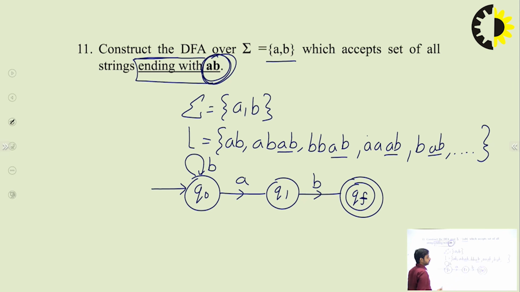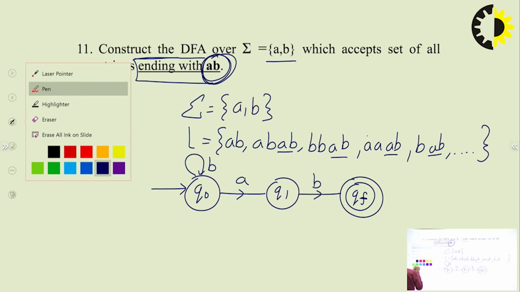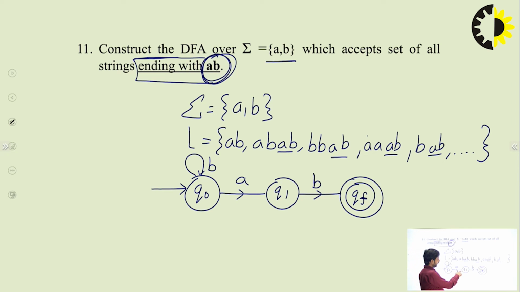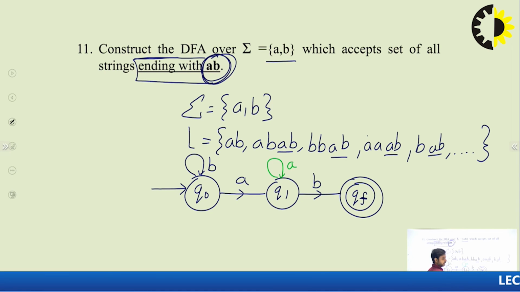Still it will accept all the strings that end with AB. Now at Q1, A is not defined. If I make a loop on it, still it ends with AB.